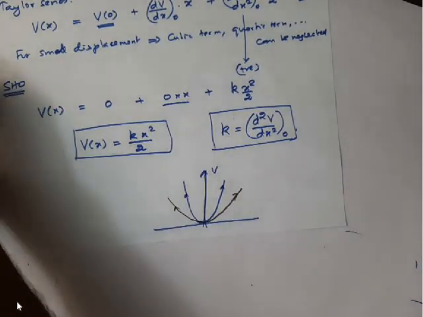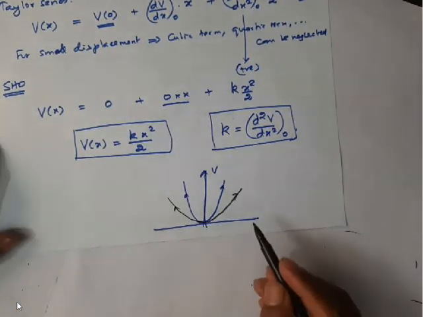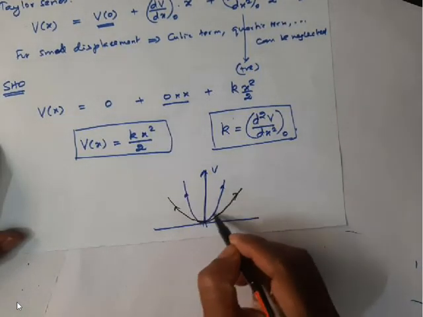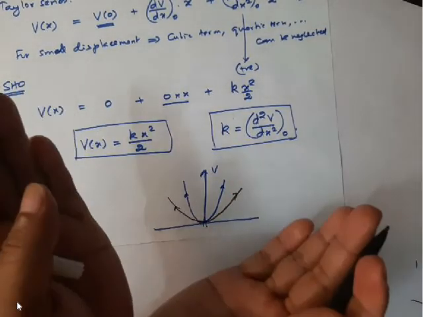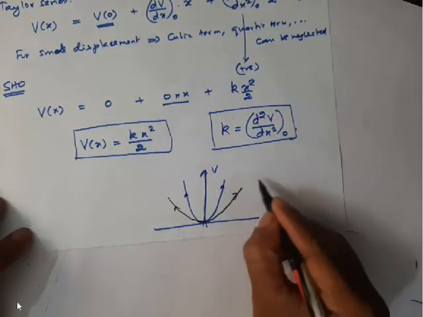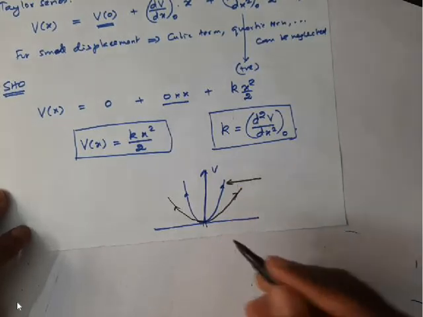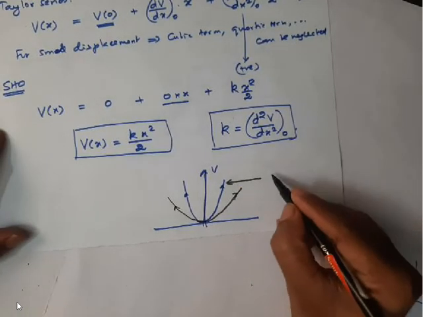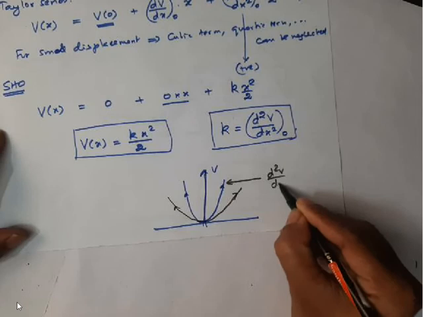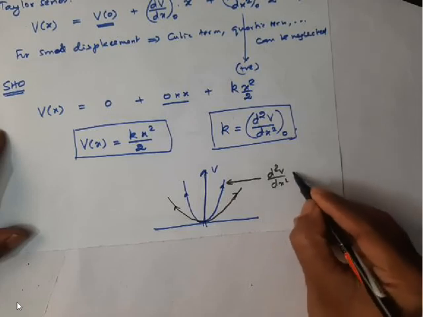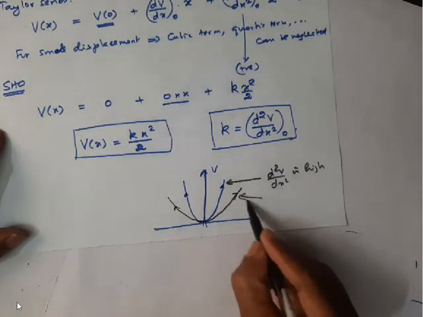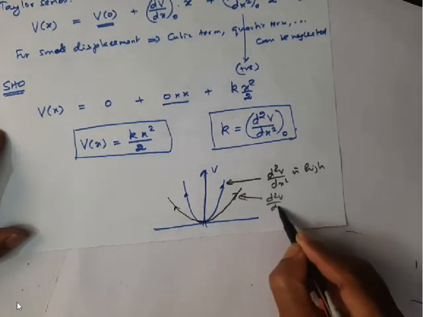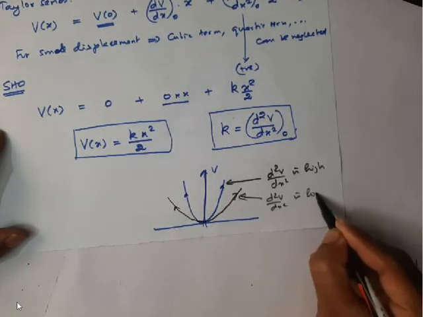It is very simple. This curve is narrow, and this curve is wide and shallow. Always remember, a narrow curve has a higher value of second derivative. So d square V by dx square is high for a narrow curve. For a shallow curve, d square V by dx square is low.